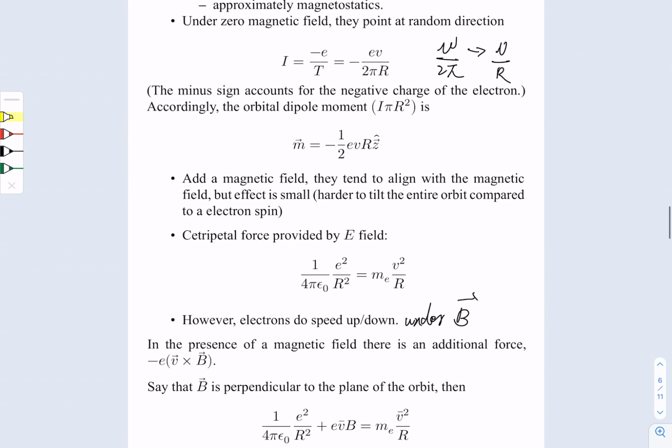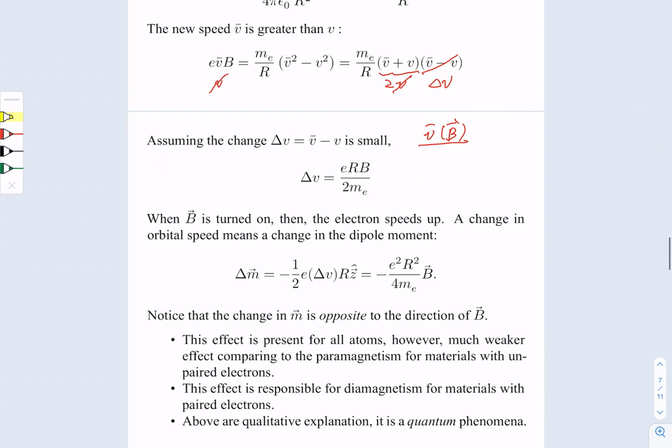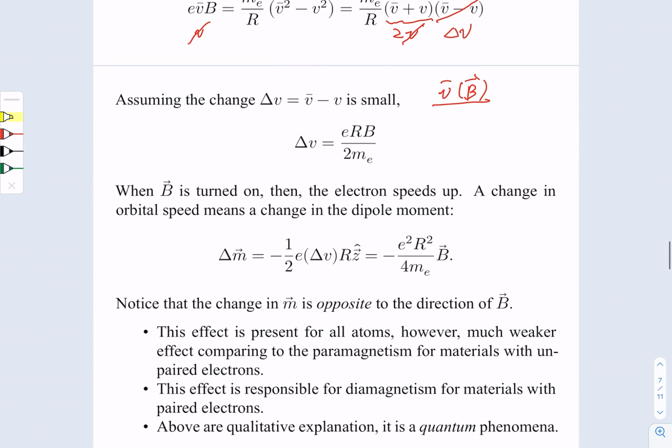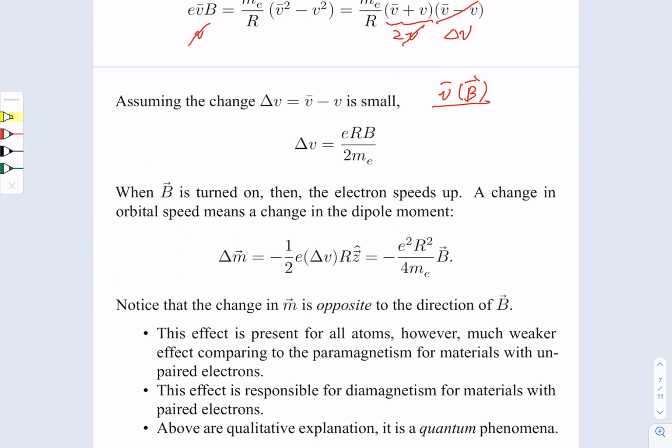hopefully now you know at least qualitatively the mechanism behind the diamagnetic material. So in reality, to quantitatively explain the phenomena, it's actually a quantum phenomenon, because these are electron clouds, right?